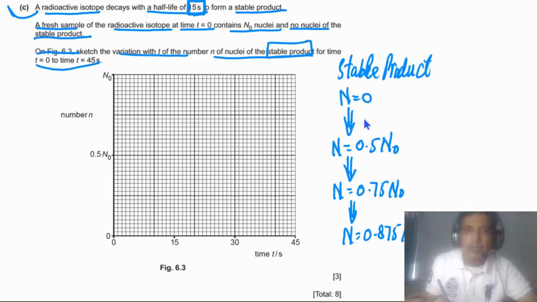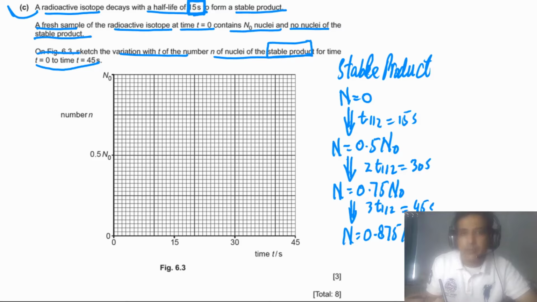This is after one half-life, t1/2, then 2 t1/2, and then 3 half-lives, so after 15 seconds, 30 seconds, and 45 seconds.